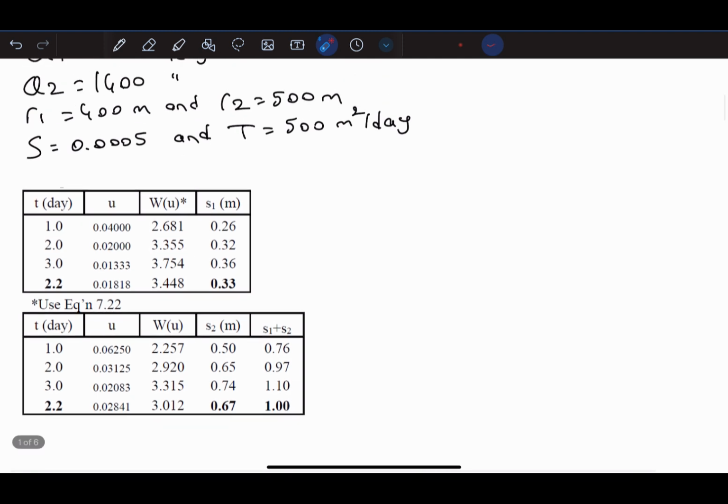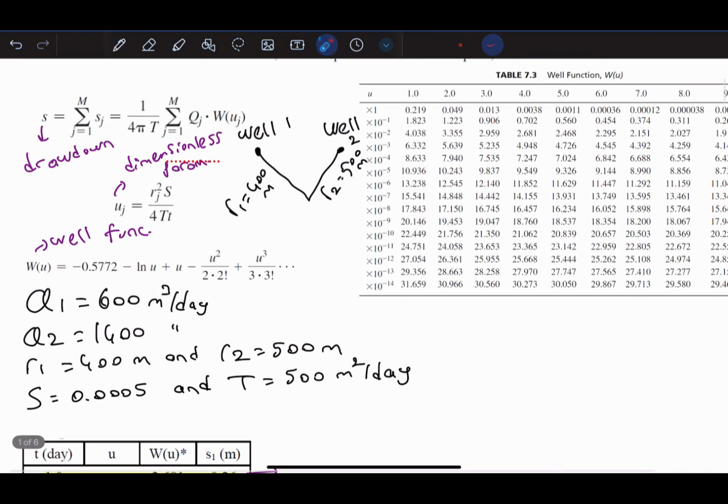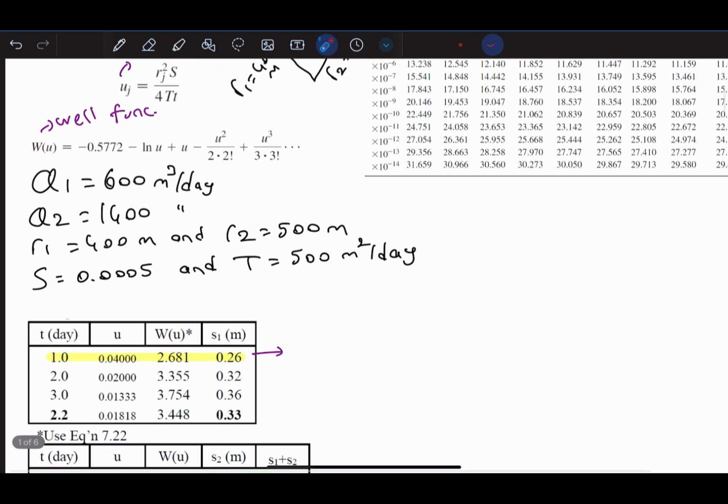So let's start, for example, with this one. The t is 1, and we need to find u, because after we find u, we will be able to find the well function, and after that we can calculate the drawdown at this time.